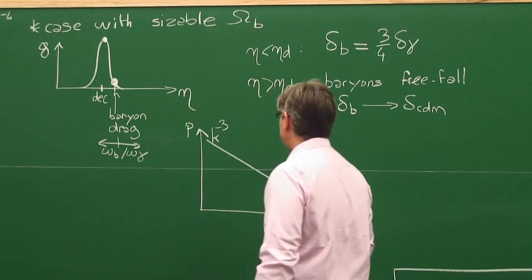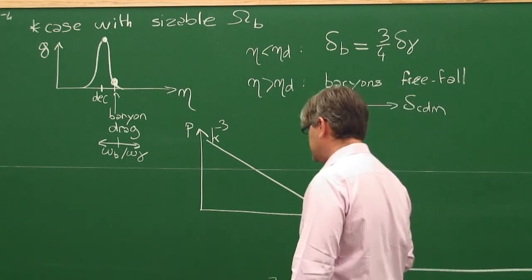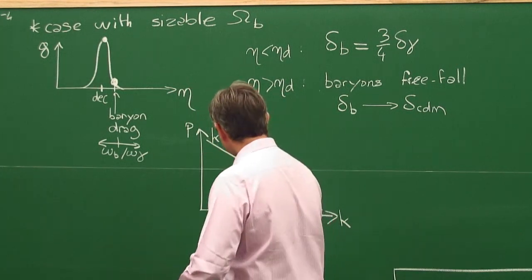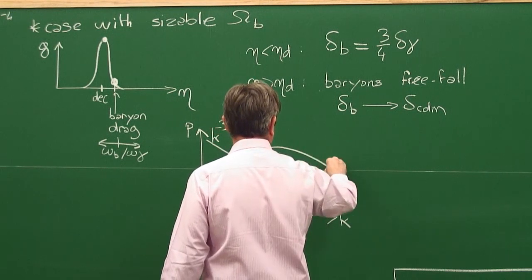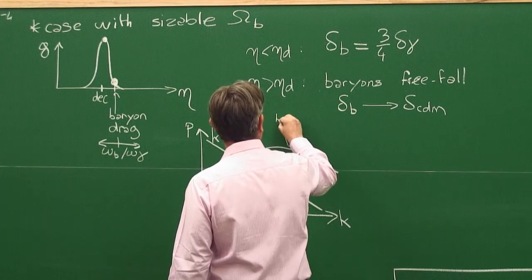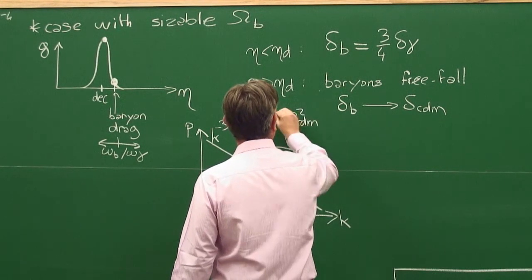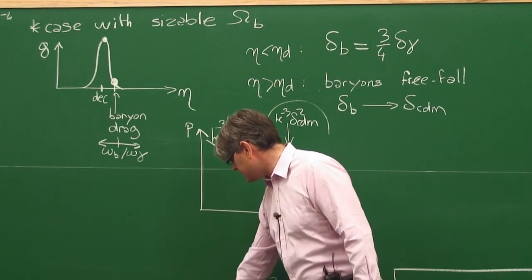And now, if I plot the contribution from CDM to the matter power spectrum, we already drew it somewhere around here. There is a rise and then a logarithmic slope. So this is a contribution, k to the minus 3 times delta CDM squared. It is a contribution from the cold dark matter part, and it is the same as here.